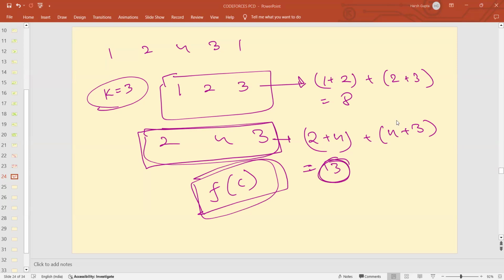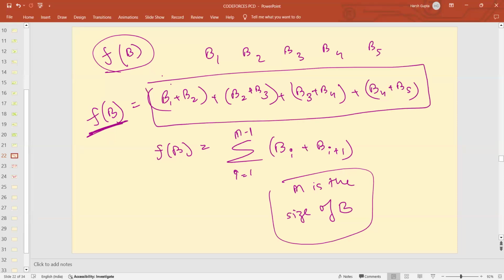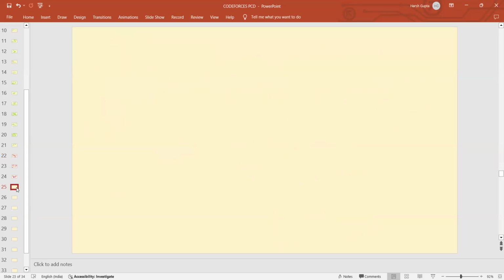Yes. Okay. So how should we approach this? Just observe, if we have an array of length k, what are the elements? Let's suppose C1, C2, C3, C4 up to CK minus 1, and CK.